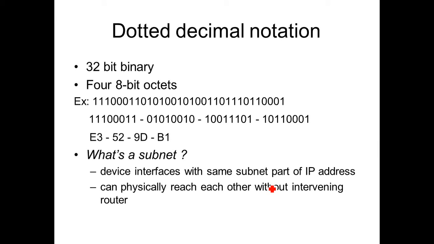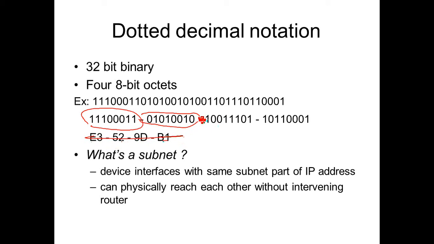An IP address is a 32-bit binary address, but it is represented by dotted decimal notation, in 8-bit octets. For example, if you see this particular address, here in this case this is not an IP address.